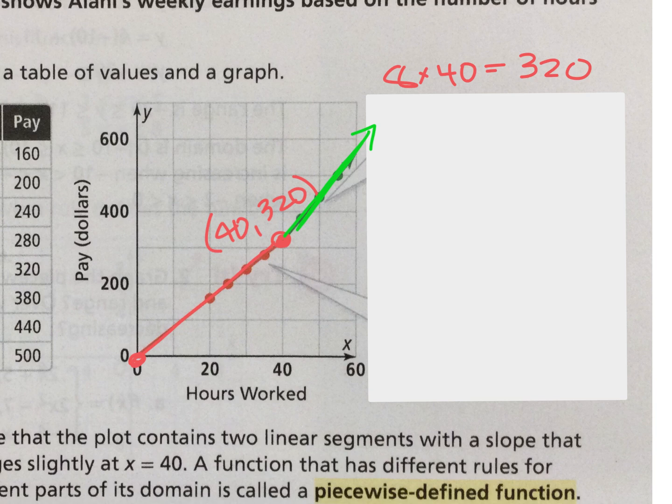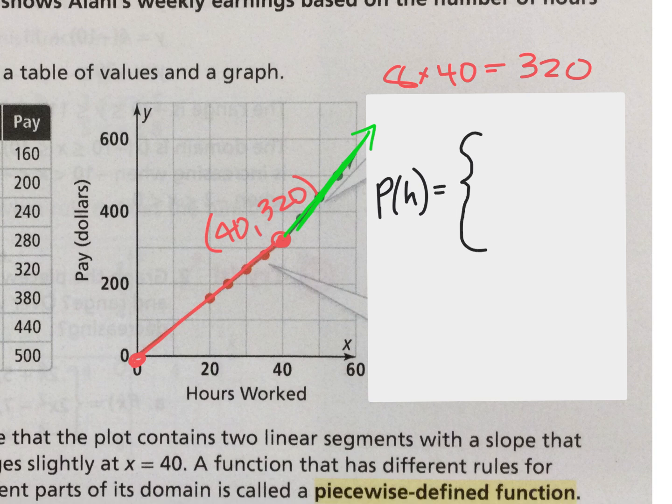All right, so what we want to do is talk about how do these functions look? How can we write this instead of having to write words or an explanation, but can we write a function, an equation all in one place? So what these look like would be something like P of H. The P would stand for pay and H would stand for hours, equals, and they use these curly brackets.